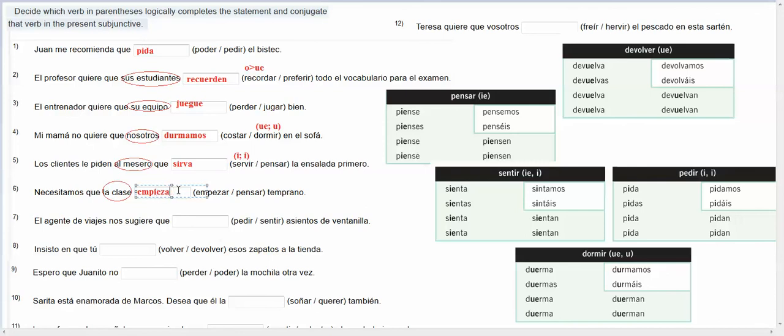Get rid of that AR. And then what I would add is an E, right? Because it's an AR verb, so I gotta add the opposite. I'm gonna add an E. Now I've got that problem. I've got an E next to a Z. I can't have that. I've got to change my Z to a C. Empiece.